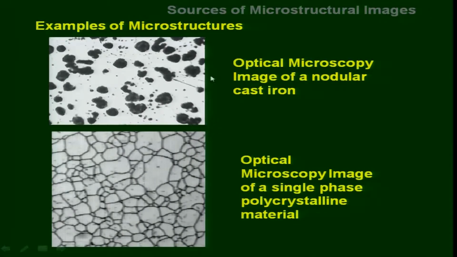So, using stereology, we will see that we can estimate the size of these nodules and the volume fraction of the nodules. Out here we can estimate the average grain size using stereological techniques. We can even measure the density of triple edges, that is the length of these triple edges per unit volume in the 3-dimensional structure.